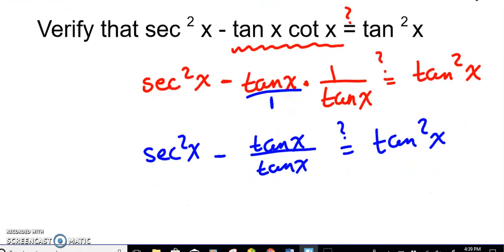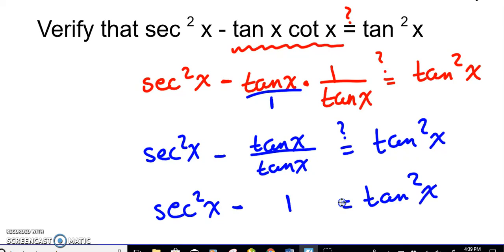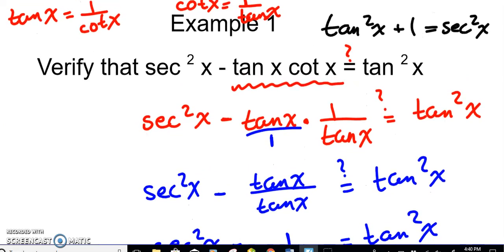All right, so anything over itself, we know that's 1. So we have 1 minus secant squared x equals tan squared x? Now, the biggest thing to understand is that you can manipulate your identities. We can manipulate this identity to give us what we need. As long as it stays an identity, you can move things over from one side to the other.